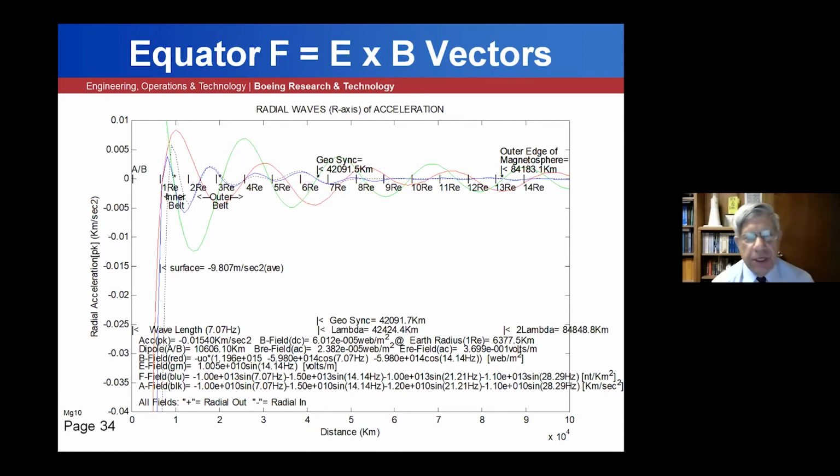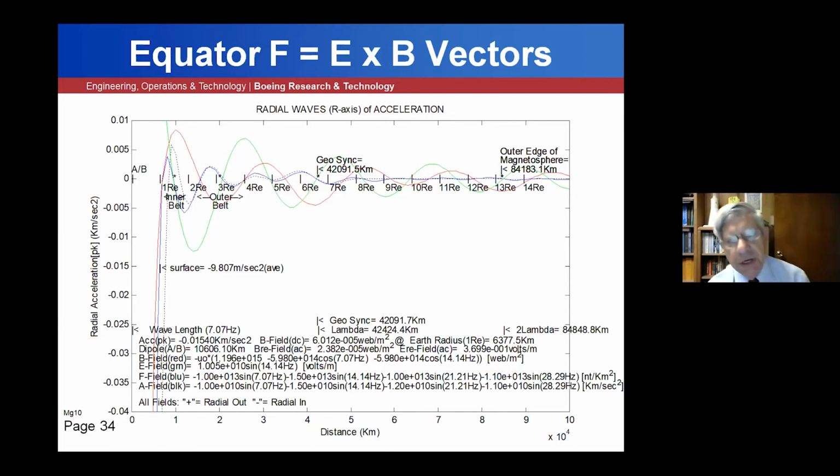Going down and looking at the equations there, the B field, these are the values. They have pretty big numbers, like to the 15th power, the 10th power, the 13th power, that's all at the center.